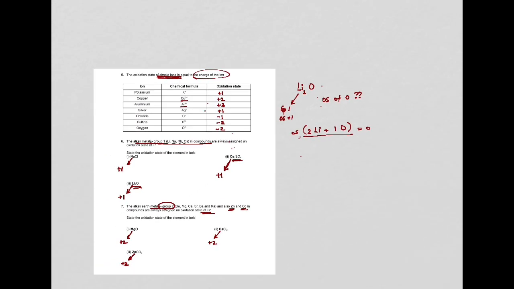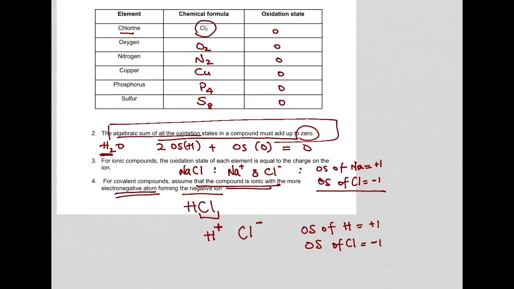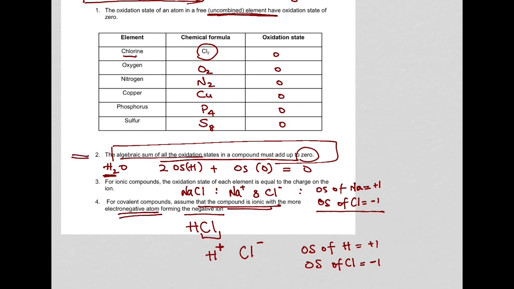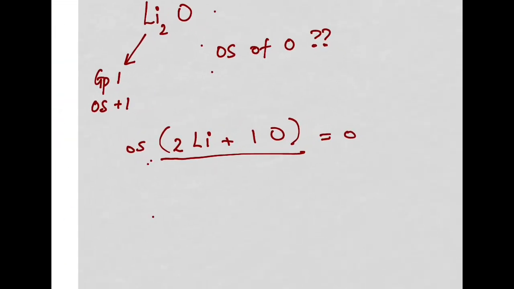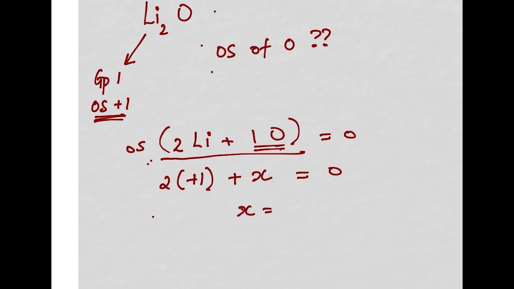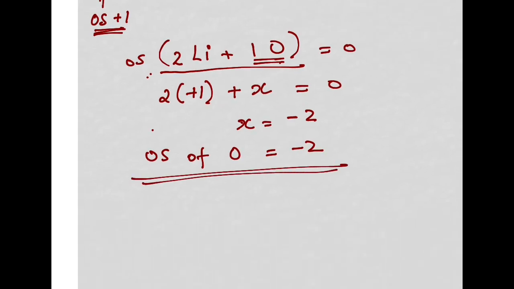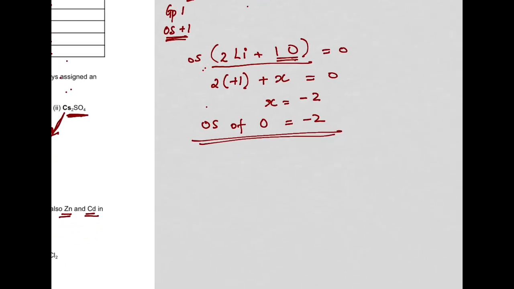If you look at the rule here, the algebraic sum of all oxidation states in a compound must add up to be 0. So 2 times the oxidation state of lithium, +1, plus the oxidation state of oxygen, I don't know, I'm going to put X. This adds up to be 0. So X would be -2. Therefore, the oxidation state of oxygen is -2. Actually, the oxidation state of oxygen in most compounds is -2.